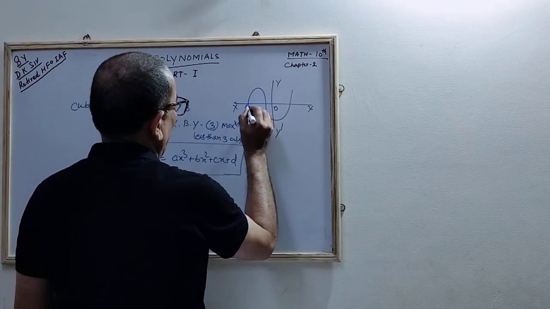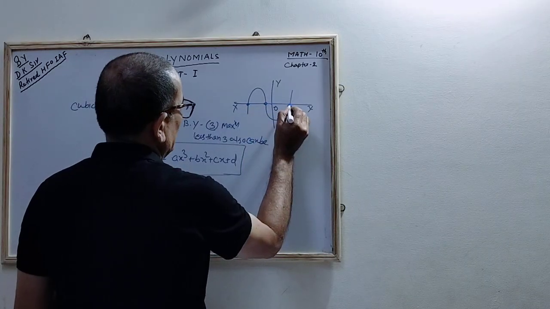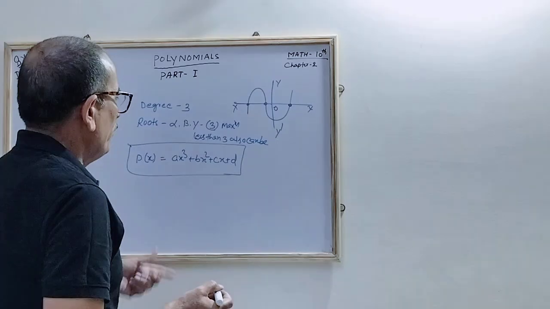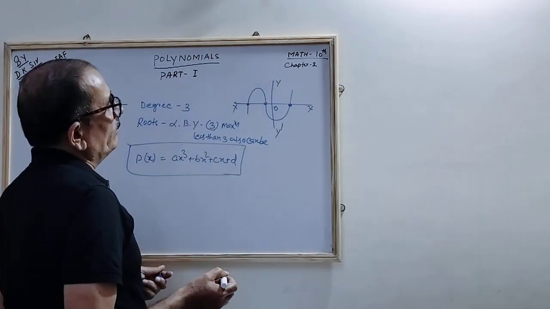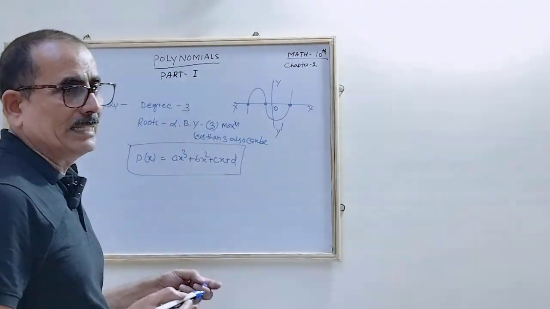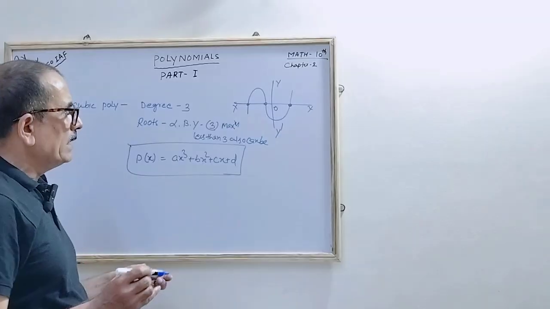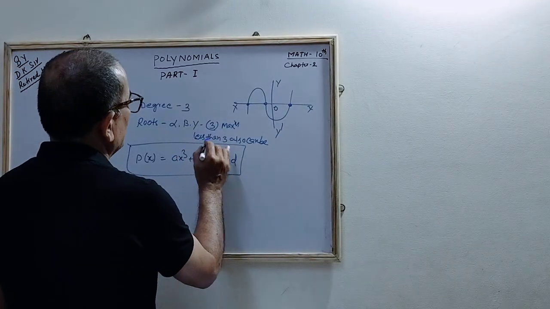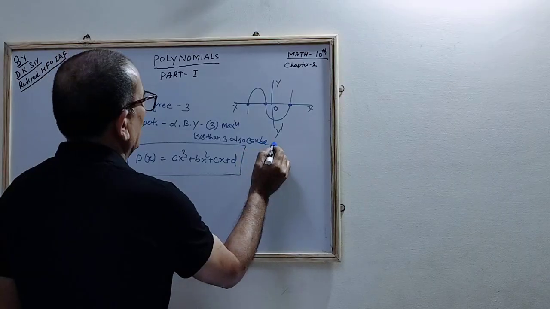Correct? So you find this is the point, this is the point, the 3 points are there, 3 values. If it is not having 3 values, only 2 intersections are there, then you will say there can be less than 3 also. Correct?